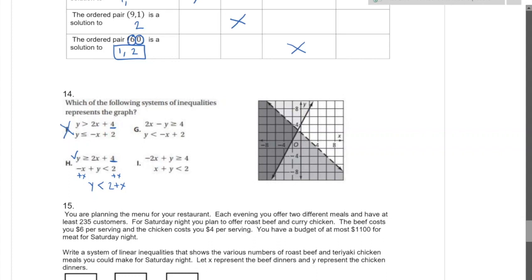So y-intercept of 2 would be right here, with a slope of 1 over 1. So 1, go up 1 over 1. Okay, so that one didn't work. So H is wrong. Okay, but at least we found our new equation right here.